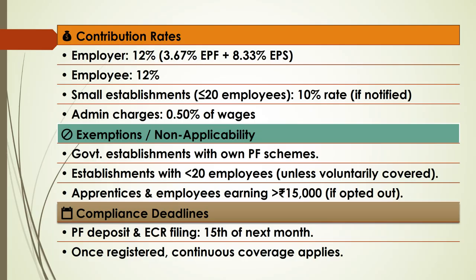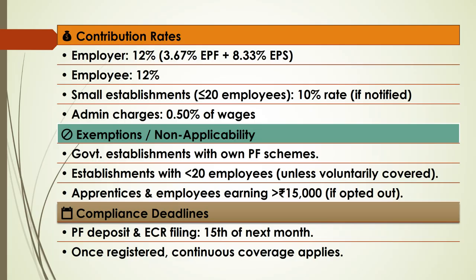If the total number of employees is less than 20, they would not be required to do it. And if your employees are all apprentices or all earn more than 15,000 and they have given the opting out option, then they would not be required to get the registration.